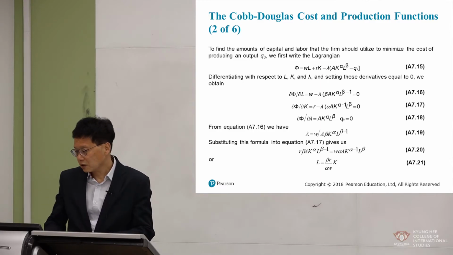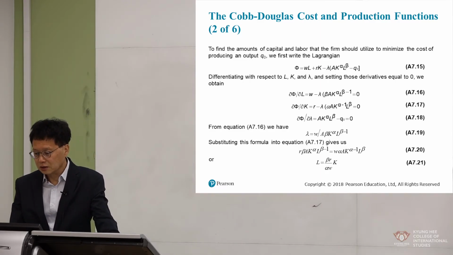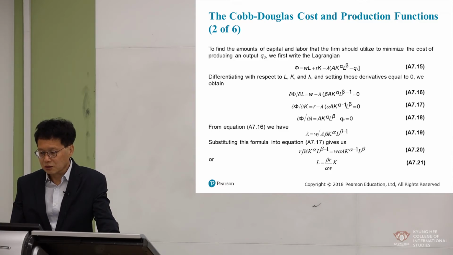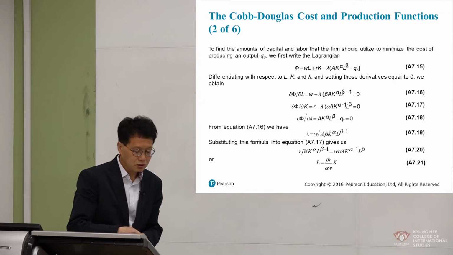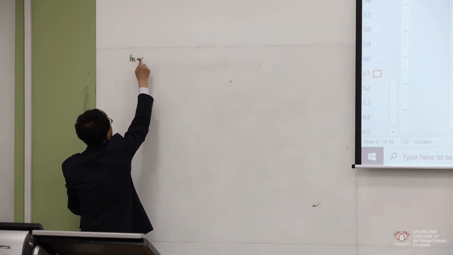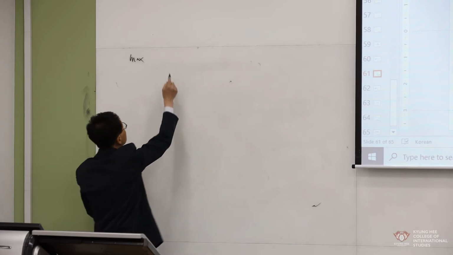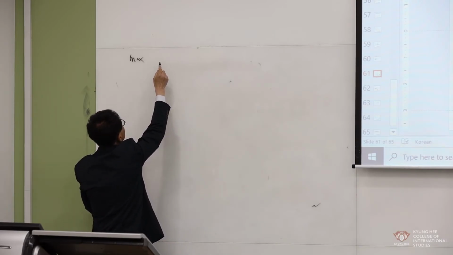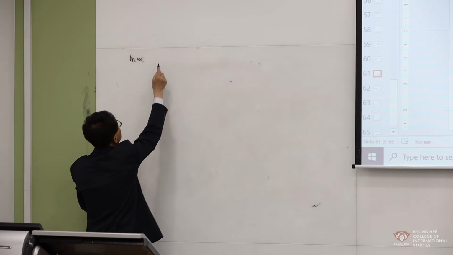Okay, finally, I'd like to explain some mathematical killer question, right? So, Cobb-Douglas cost and the production function. Anyway, in consumer theory, we solve maximization of utility when the utility function is Cobb-Douglas, right?